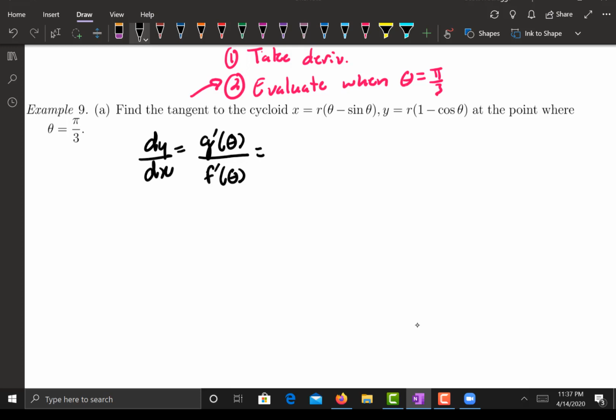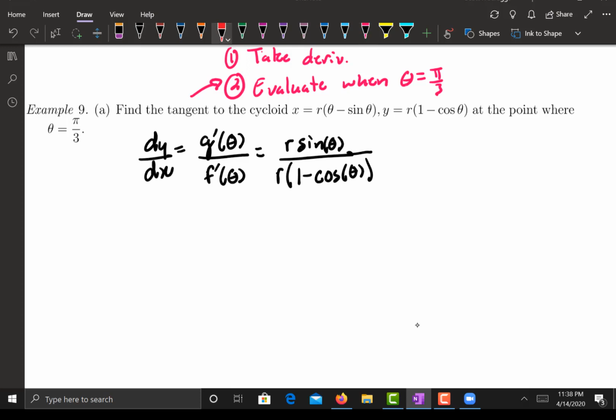Taking our derivative, now in this case r is just being treated as a constant, so I'm going to take the derivative of 1 minus cosine of theta, which means I'll just have r times sine of theta, divided by, let's put a parenthesis over that theta. There we go. Divided by r, derivative of r times (theta minus sine of theta), which will give me r over 1 minus cosine of theta.